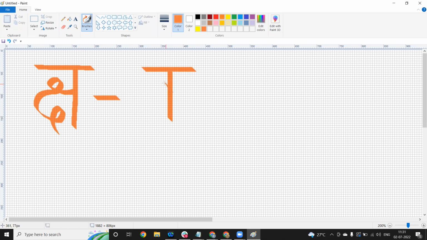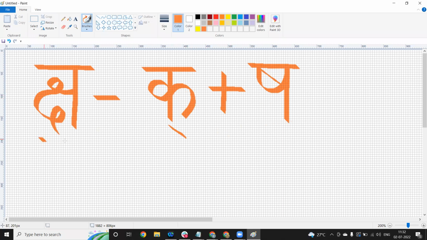That is k, where the sound is half, and the other letter is sh. The sound of k is half, and sh is complete here. So the combination of k and sh together makes ksha.